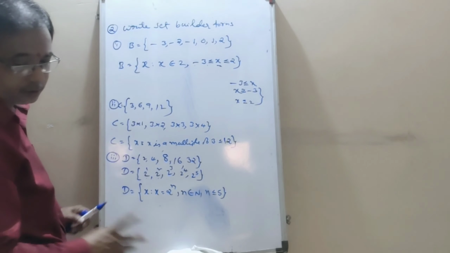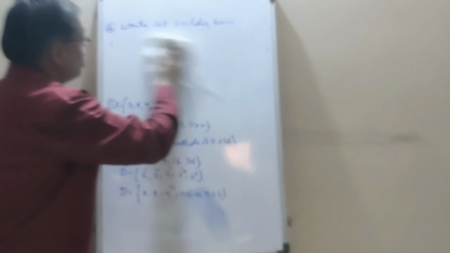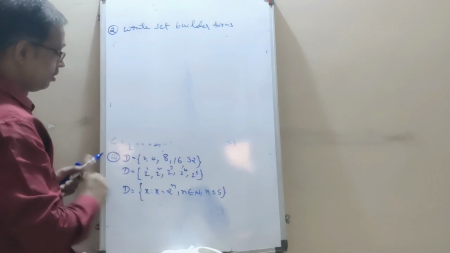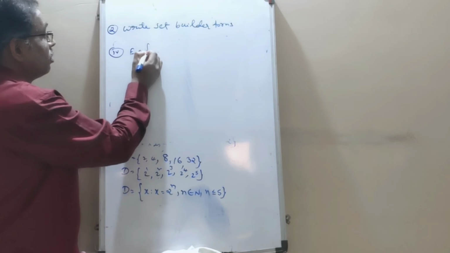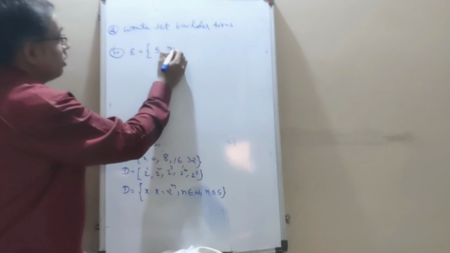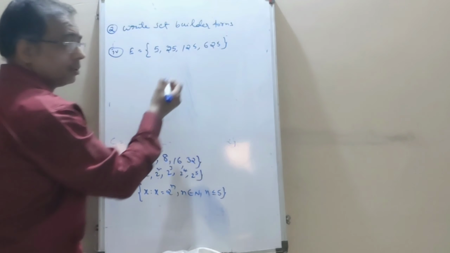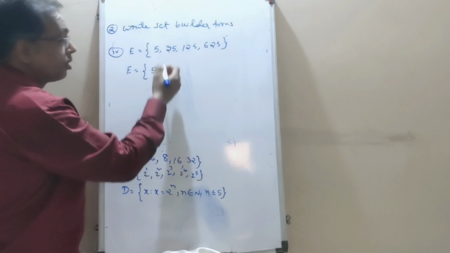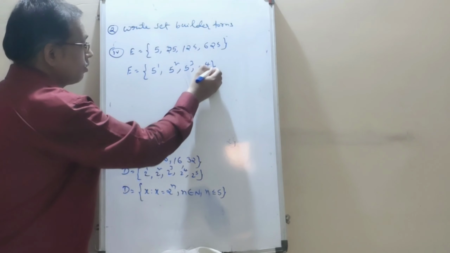Okay, next. Like this we have one more: 5, 25, 125, 625. Like this we have so many. Each is kept in the form of an exponent of 5: 5 power 1, 5 power 2, 5 power 3 and 5 power 4.